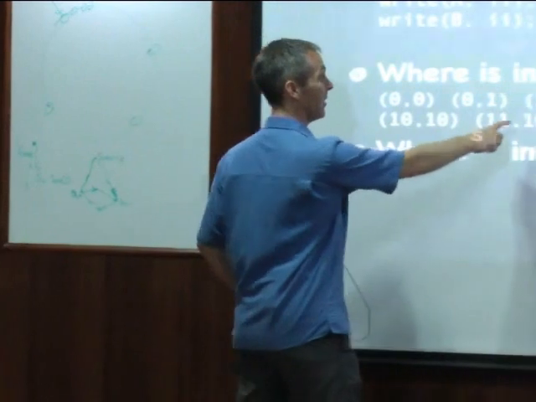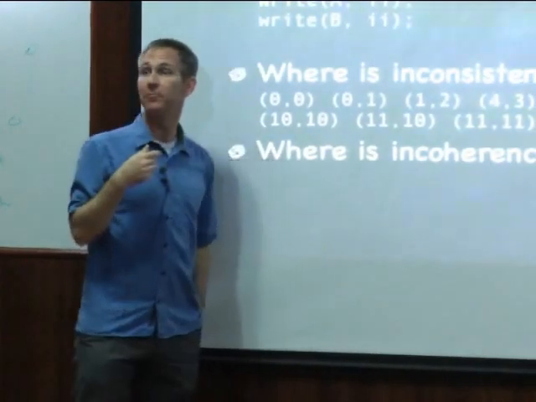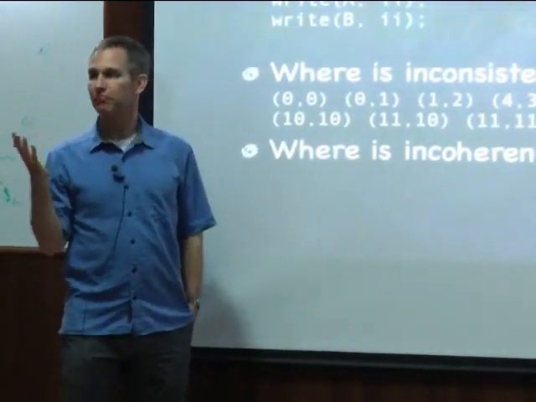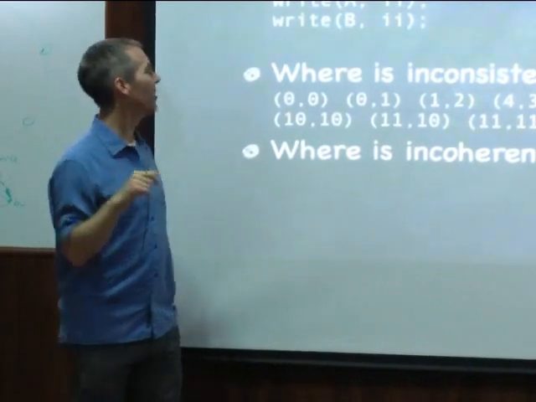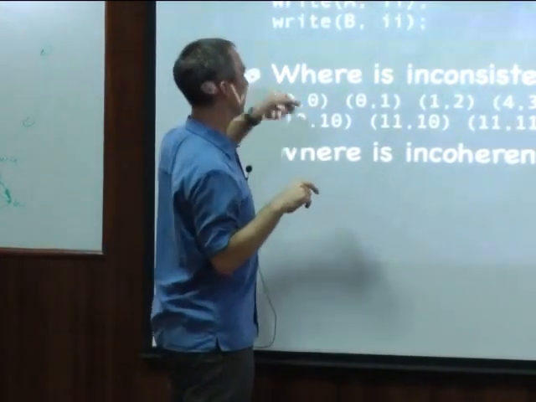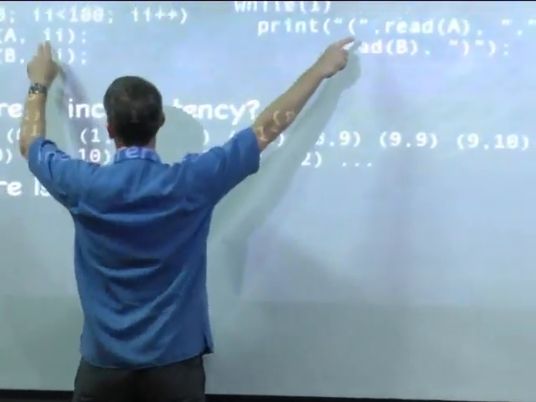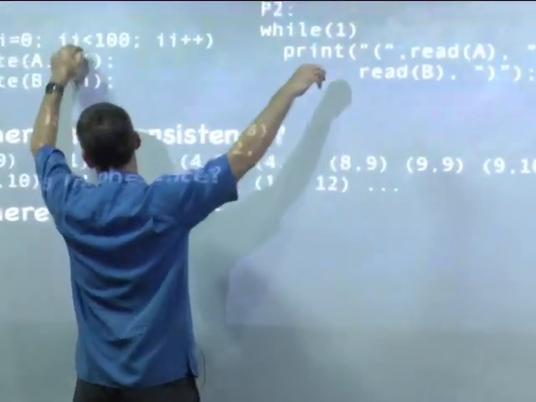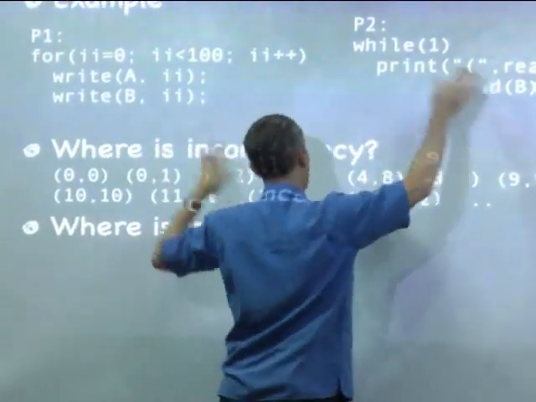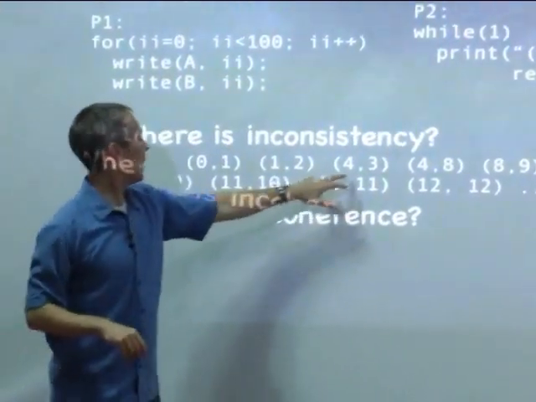All right, so next we see 1, 2. So what happened? We came around again, we read the 1 that we just wrote, and then make this into a 2 and a 2, and we read the 2. So that seems fine. 4, 3.